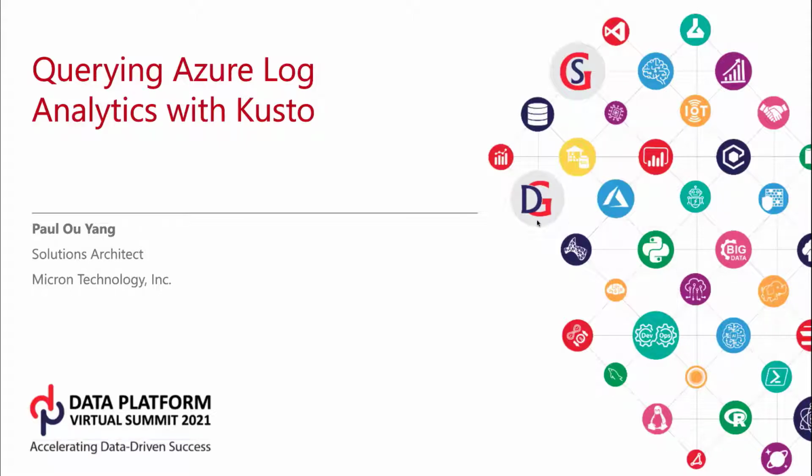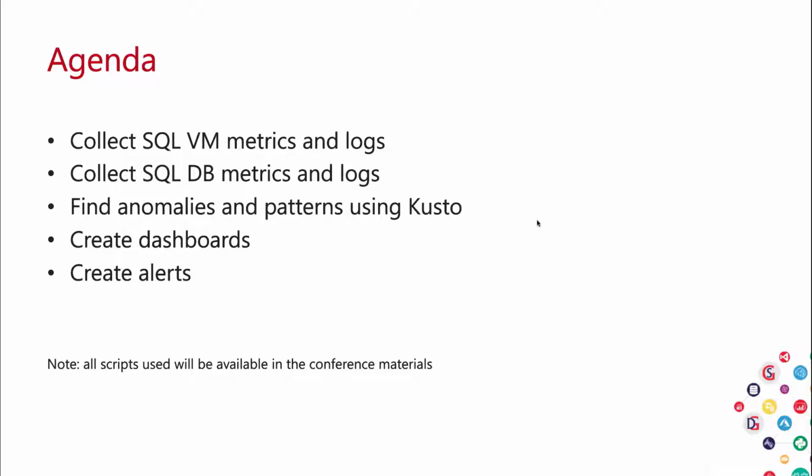So the agenda for today is this. We're going to start learning how to collect the metrics and the logs from different resources like the SQL VM and the SQL database. Once the data is collected, we are going to use the Kusto language to find anomalies and patterns.